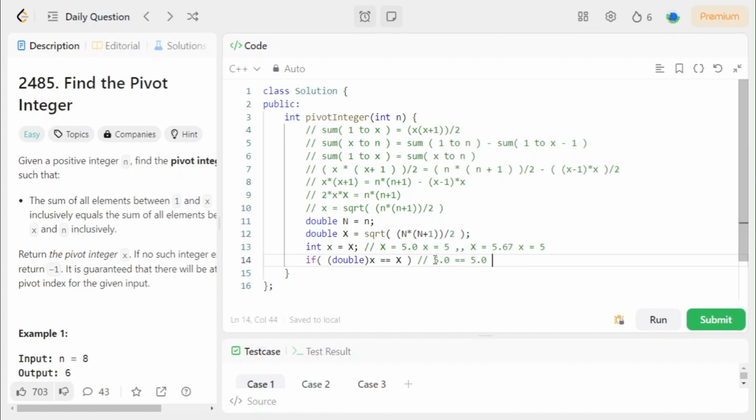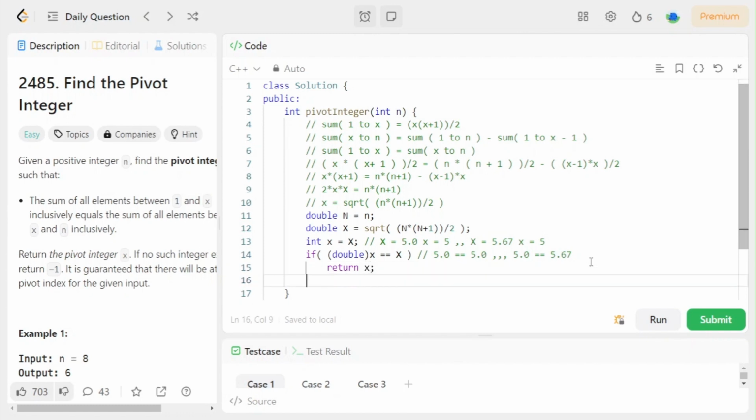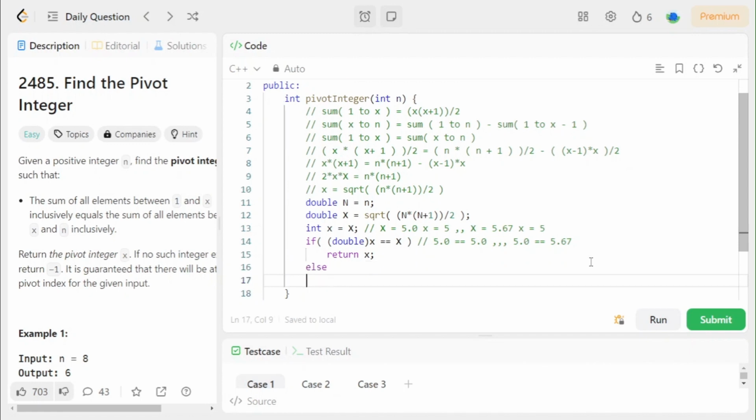In the second case, it checks 5.0 equal to 5.67. As you can clearly see, if there was a decimal value, this equality won't work. So if it was equal, we will return just x because it has no fractional value. Otherwise, we will return -1 because it has a fractional value, which means the square root is not a perfect square, right?